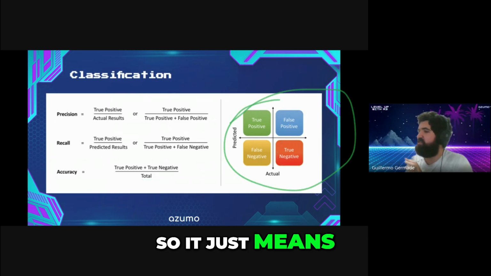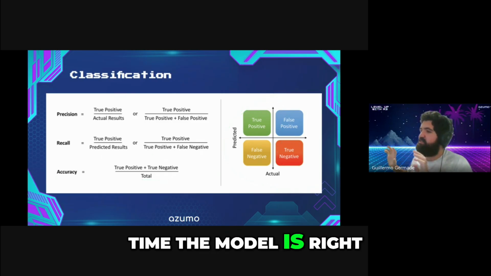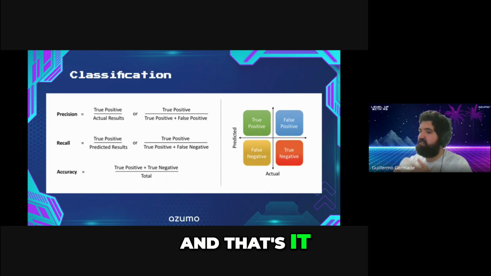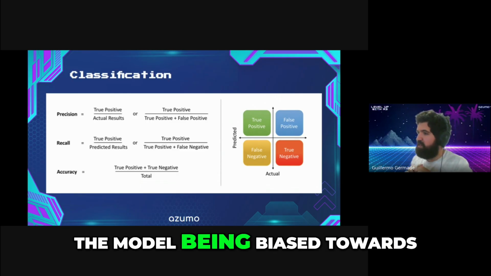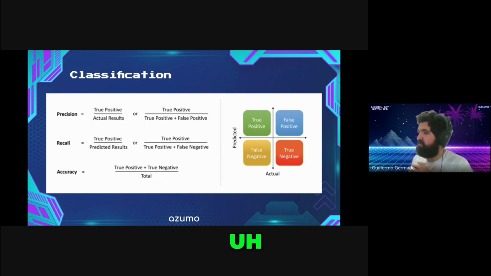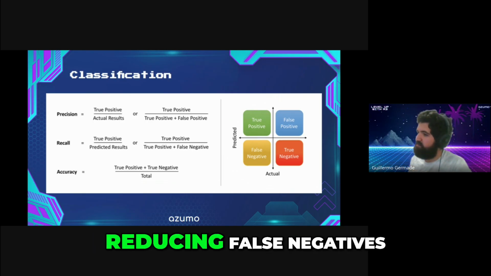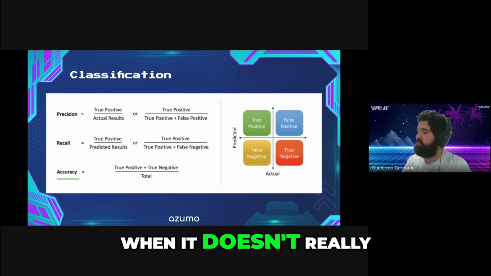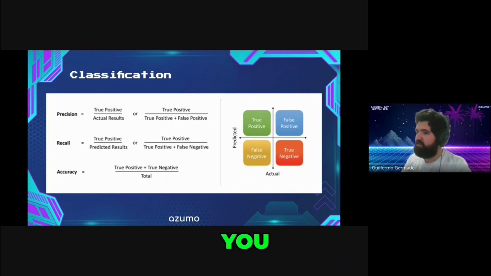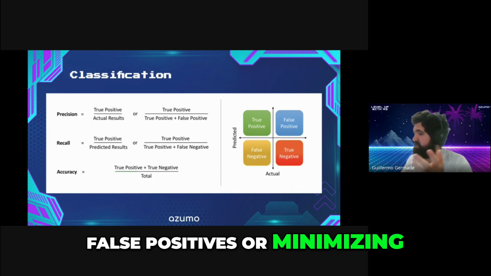So it just means what percentage of the time the model is right. And that's it. It doesn't measure anything about the model being biased towards reducing false positives or reducing false negatives. You optimize for accuracy when it doesn't really make a difference to you to minimize false positives or false negatives.